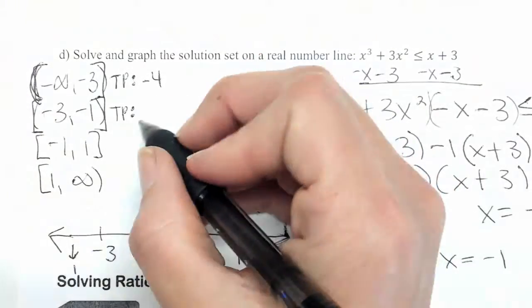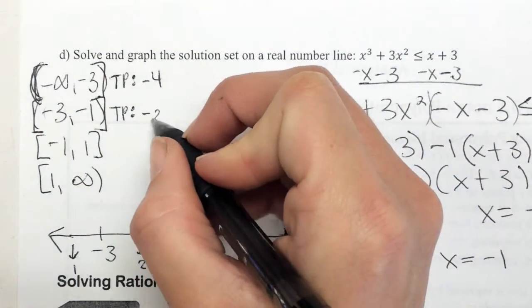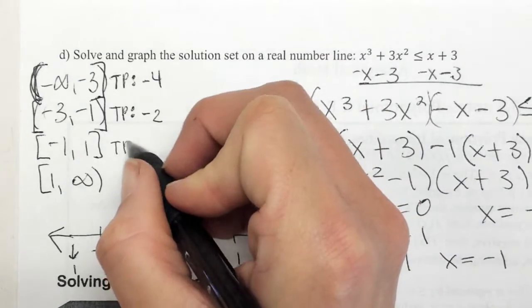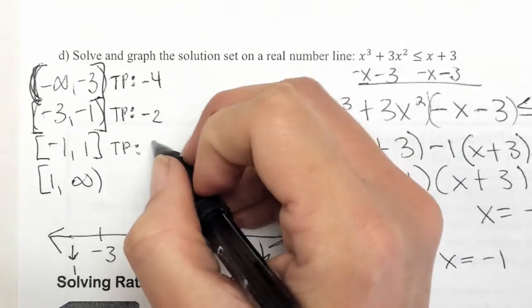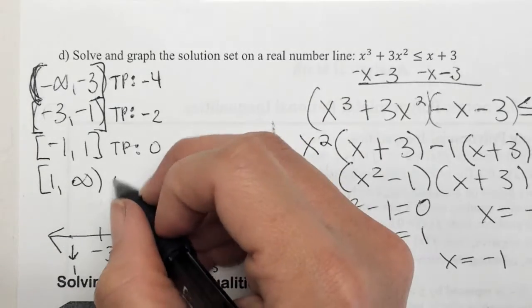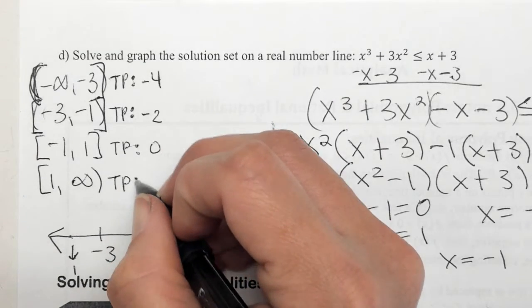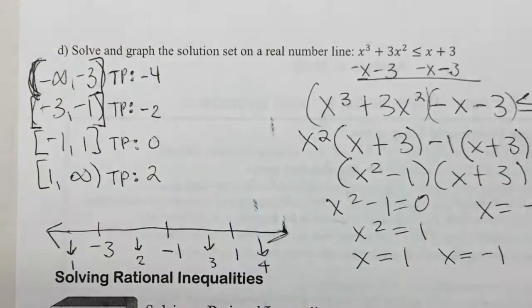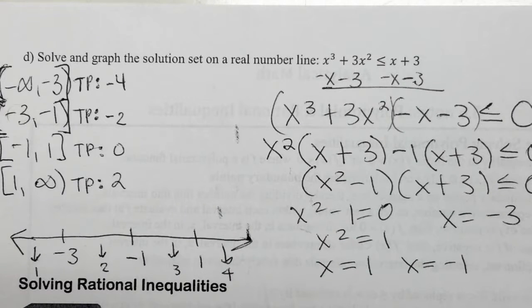You're good. Good. Alright, Miles, what would be in between negative 1 and 1? 0. Good. And Jalen, what would be between 1 and infinity? 2. Yes. Alright, y'all want to just do it in your head or y'all want to work these out on your own to figure out? Okay, go ahead and do it in your head.